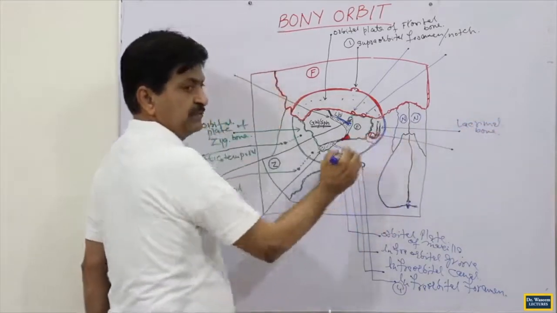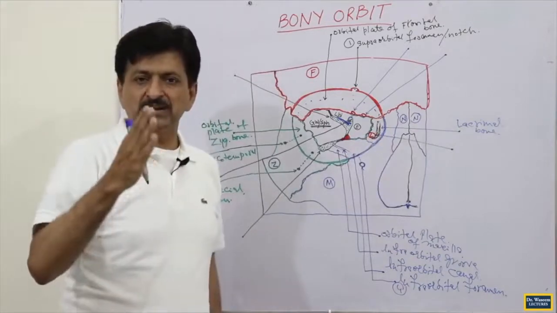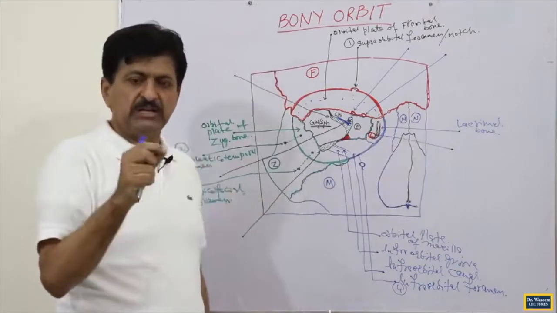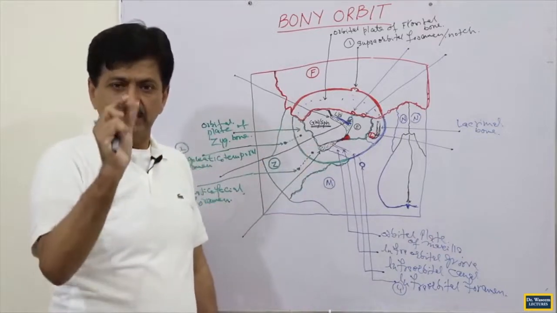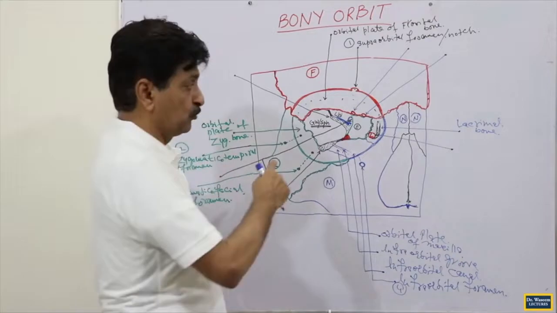And if you feel the lacrimal bone, there is a vertical groove present there. That vertical groove or depression actually accommodates your lacrimal sac and the nasolacrimal duct. This is called the lacrimal groove.